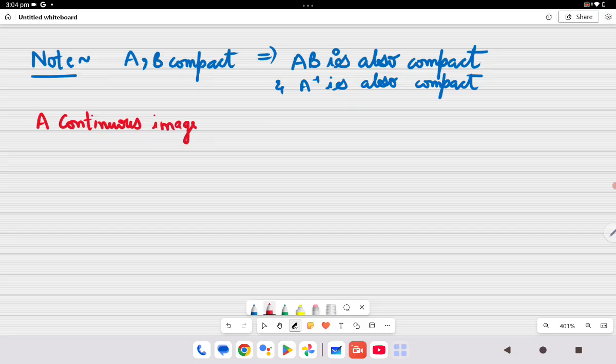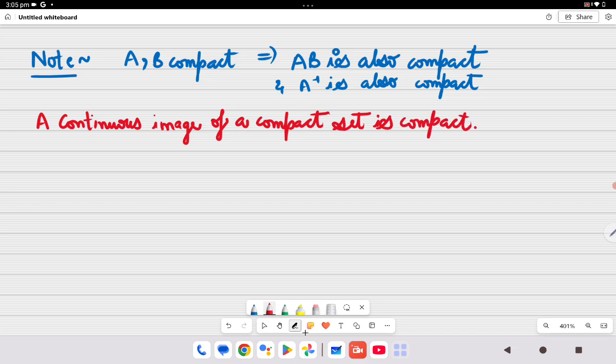image of a compact set is compact. If you know this thing, you are done. Okay.